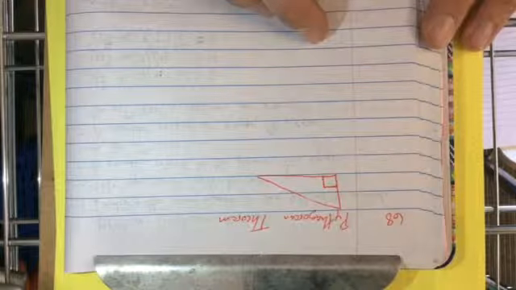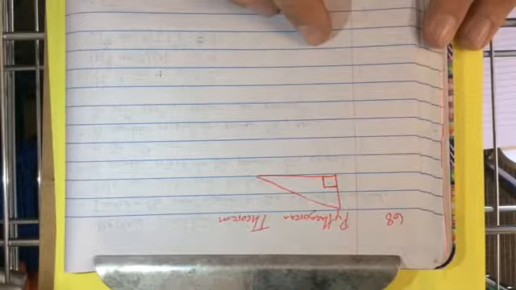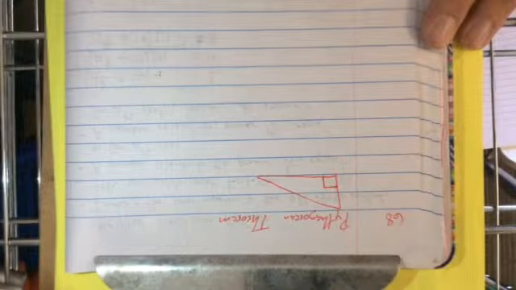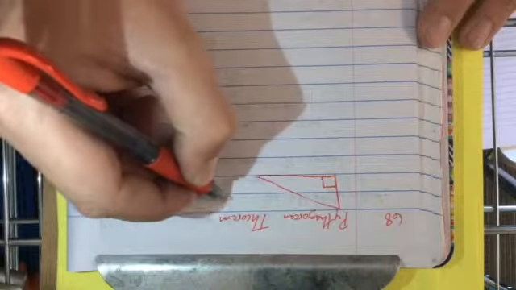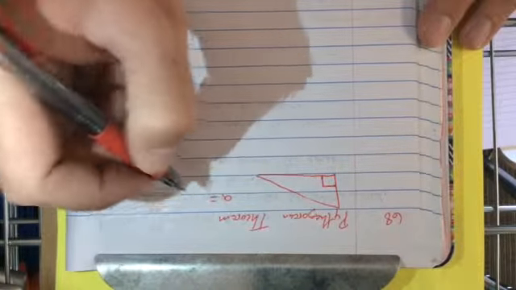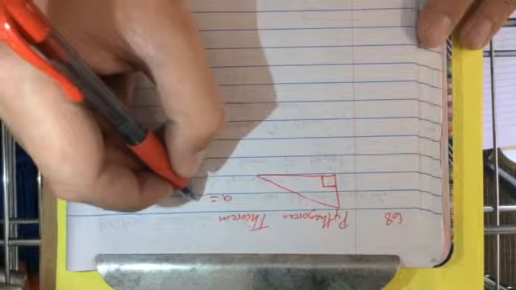For simplicity's sake, and for your help, we're going to give you rules to label each side. So, we're going to have three different sides. Side A is going to be the shortest side.